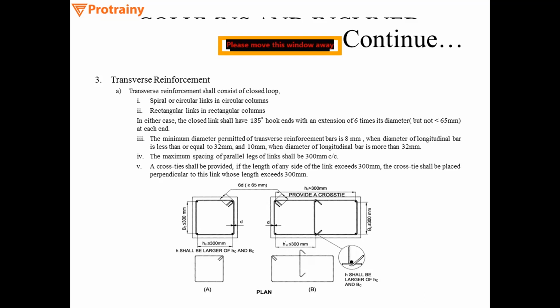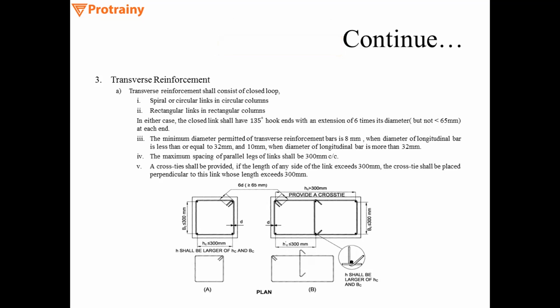Another, fifth point is a cross tie shall be provided if the length of any of the link exceeds 300 mm. A cross tie is provided at a distance of 300 mm because if we do not provide the cross tie, the distance between the links will exceed 300 mm, which cannot be permitted. A zoomed portion has been shown where H shall be the larger of HC and BC.